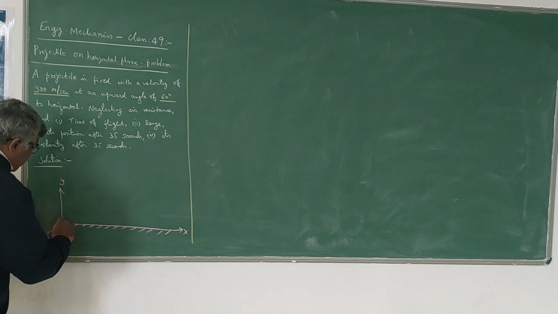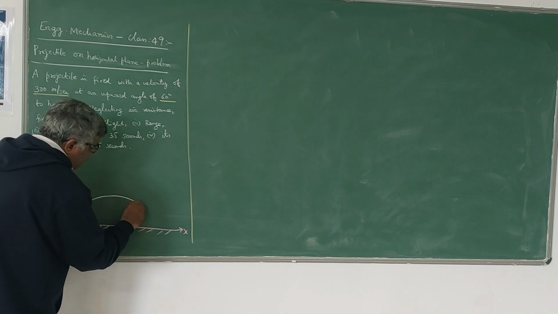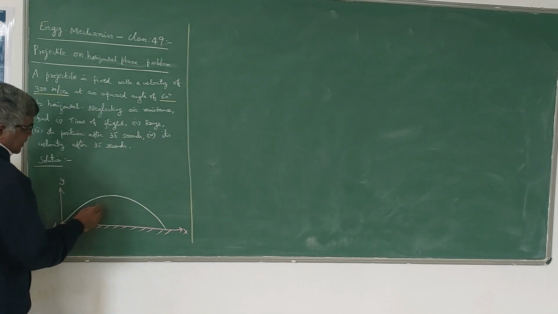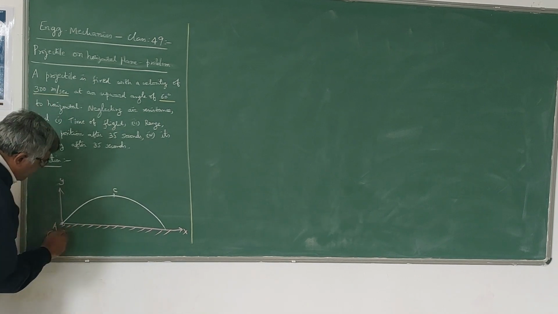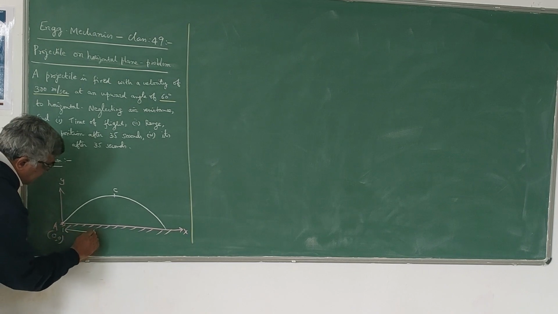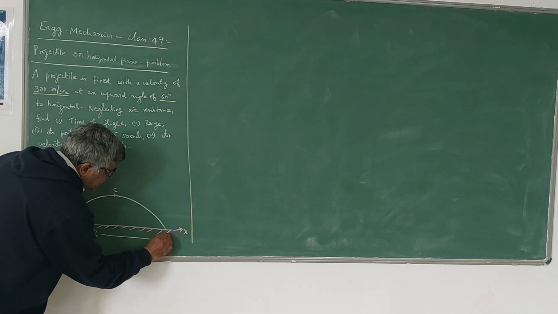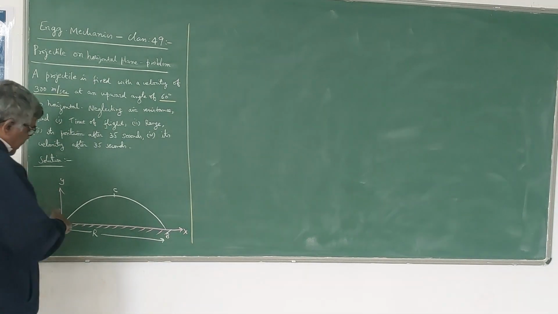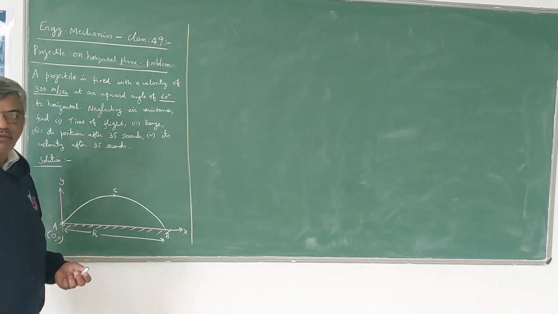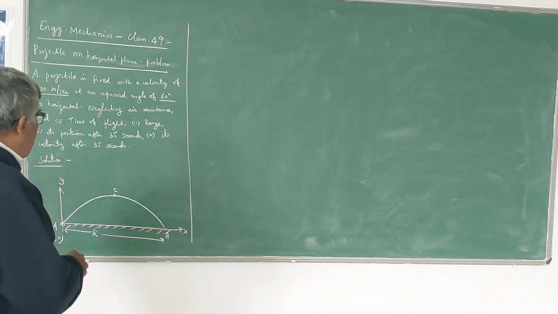Now the projectile will be traveling in the form of a parabolic trajectory like this. C is the maximum height that it is going to reach, and R is the range. If I take this as B, AB is the range, and the time of flight is nothing but the time taken by the projectile to travel from A to B. So that is the time of flight.